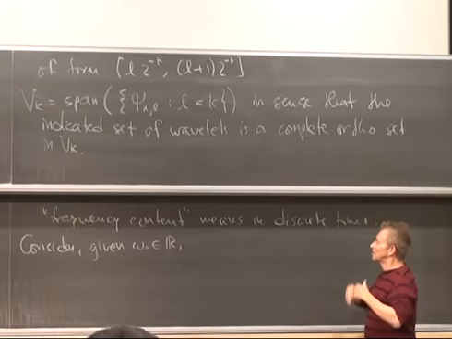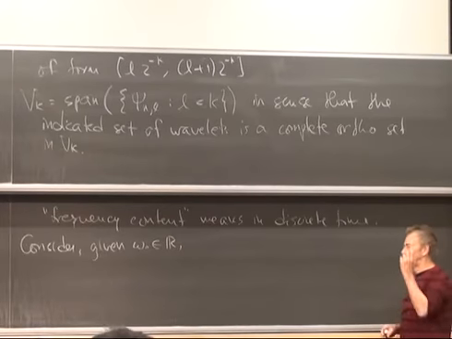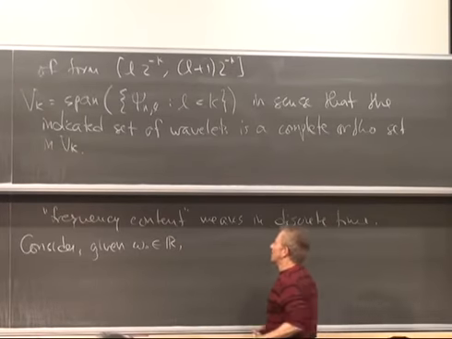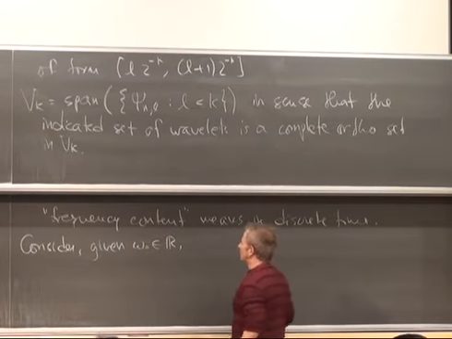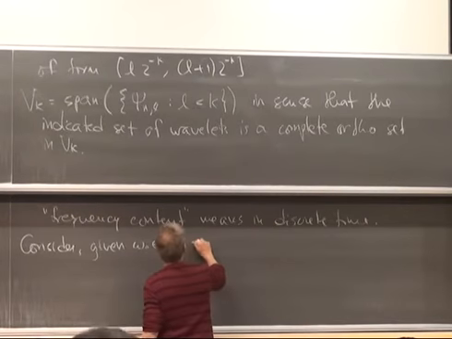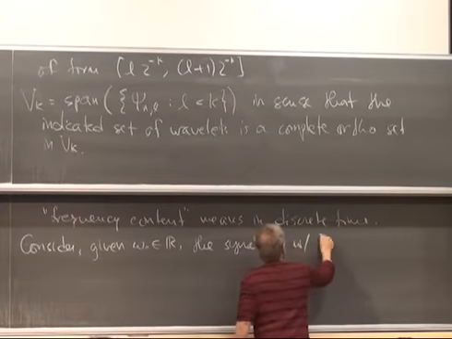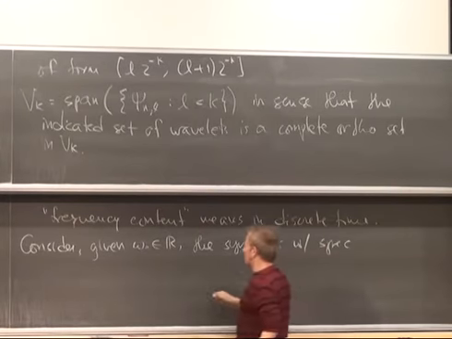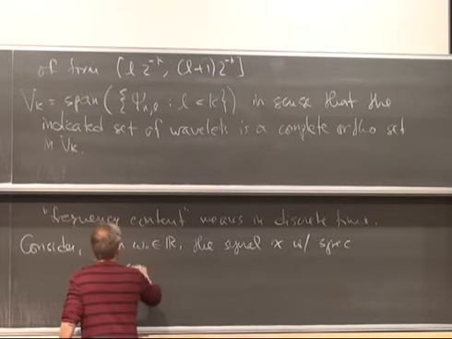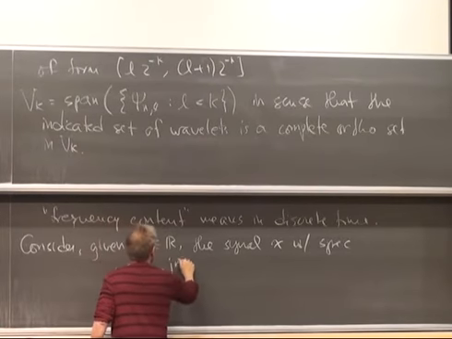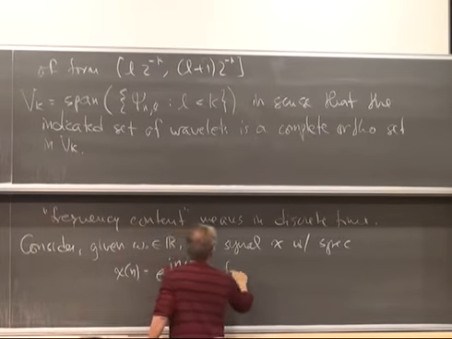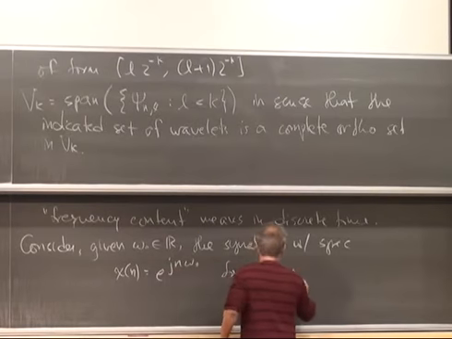In this class, the continuous time omega variable is capital omega, and in discrete time, it's little omega. So consider, given omega 0 in R, the signal x with specification x of n equals e to the j n omega 0 for all n in the integers.